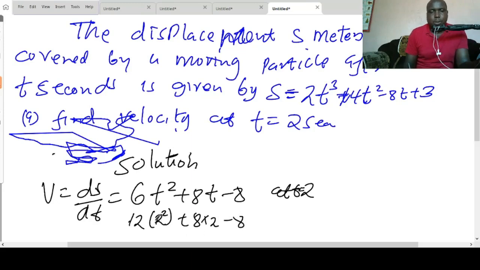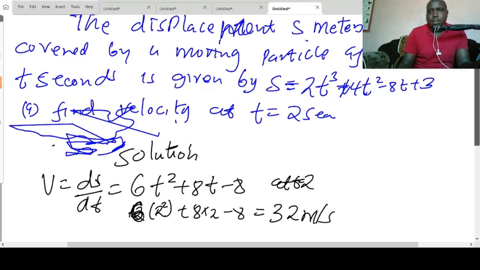So 4 times 6 is 24, plus 8 is 32. So this will be 32 meters per second, because that is the velocity.